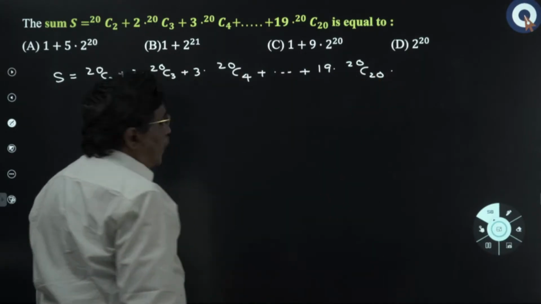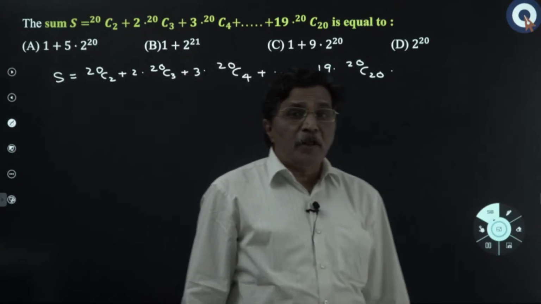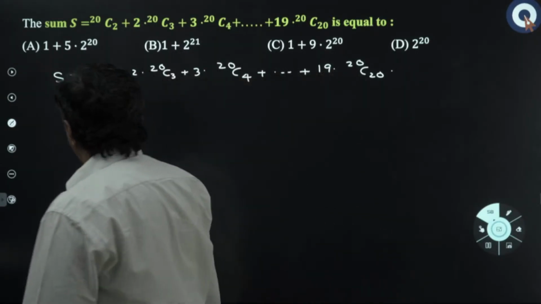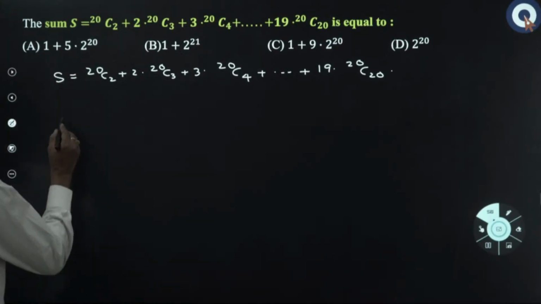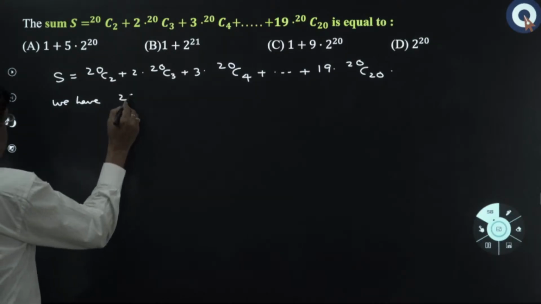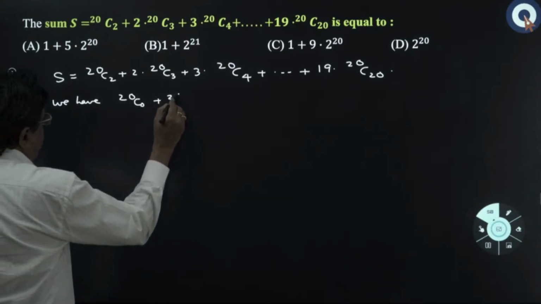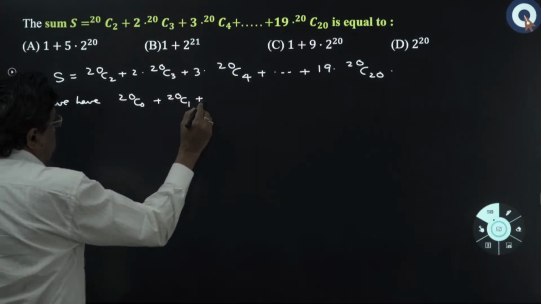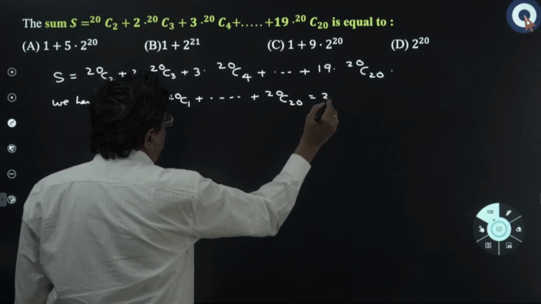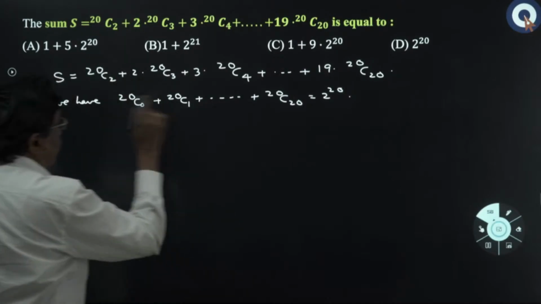Now I will add 20C0 plus 20C1 plus 20C2 plus so on plus 20C20 on both sides.